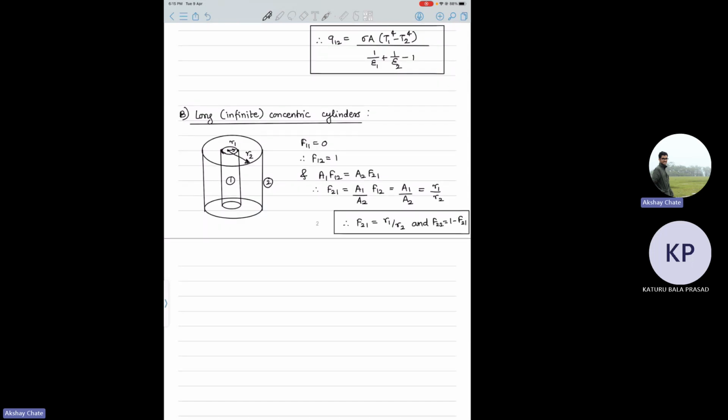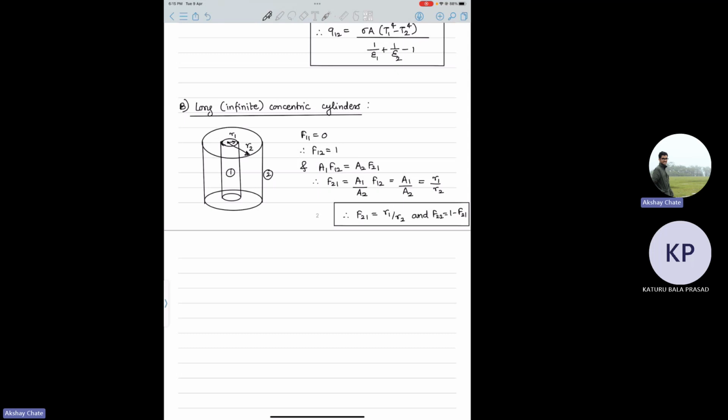Other than that, if you draw the resistance network, like what we did in case of infinite parallel plates, there will again be three resistances, two due to the surface and one due to the shape of the geometry. So this one will be (1 minus epsilon 1) by A1 epsilon 1.